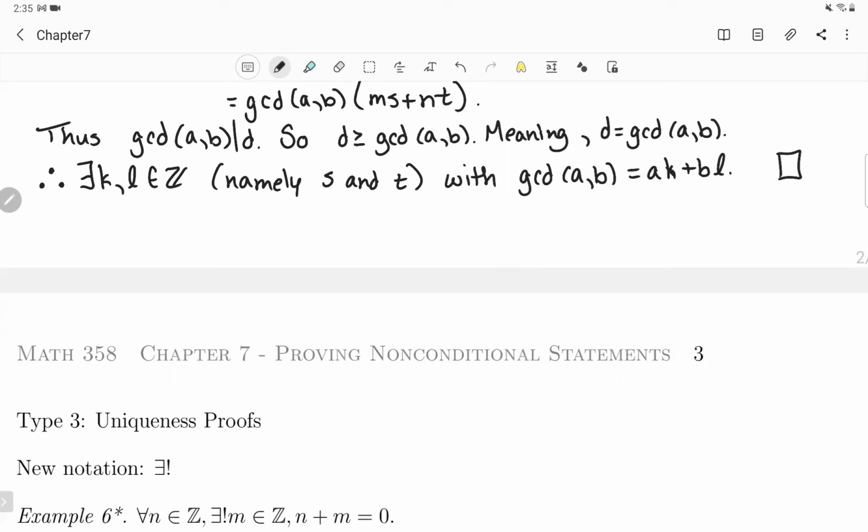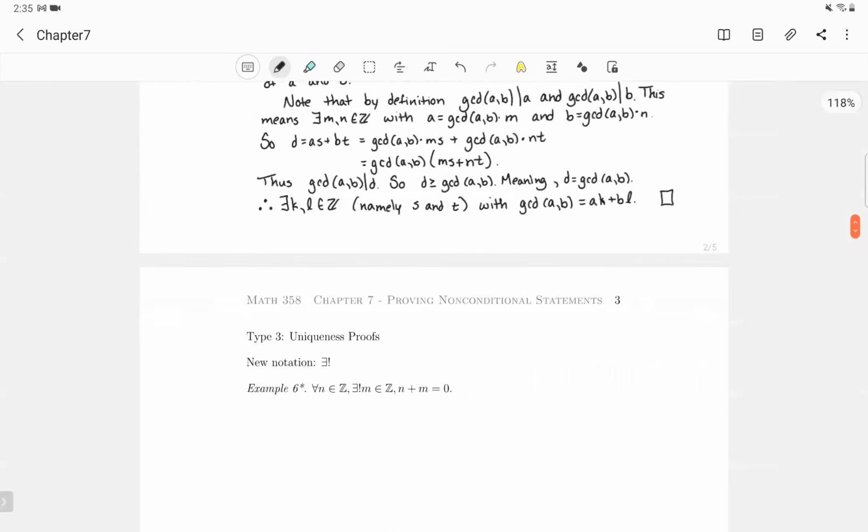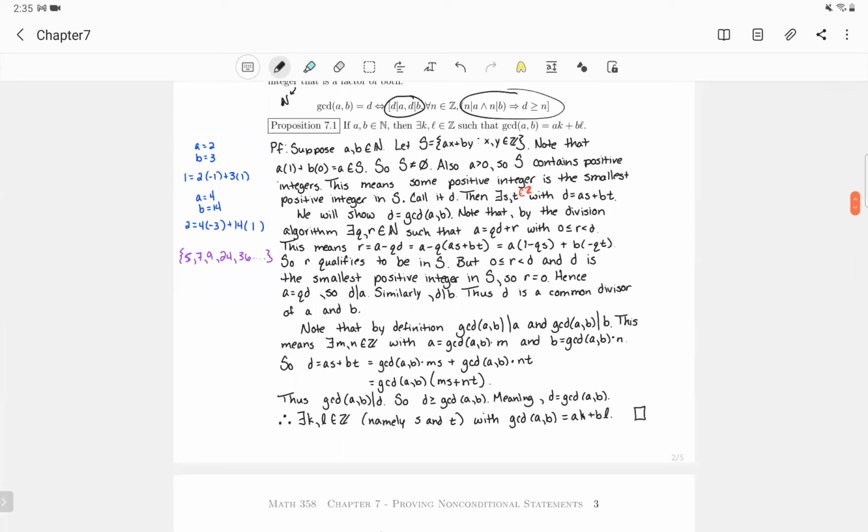All right, any questions on that proof? It was long, and that's a good point. Now that we have all the details down, let's look at the big picture again. I want the GCD to be a linear combination of A and B. So I started by taking all possible linear combinations and took a specific element from that set, the smallest positive element.